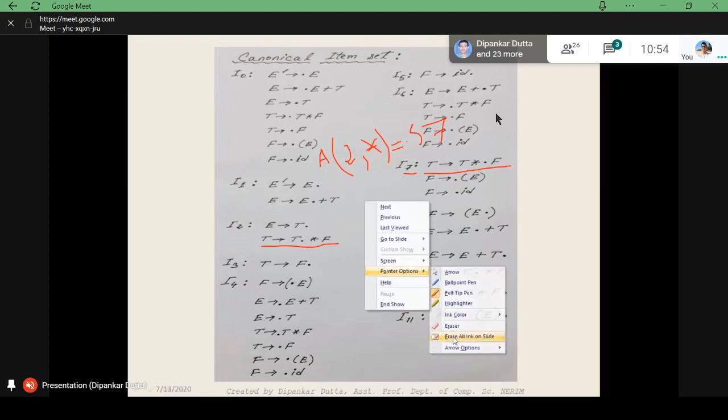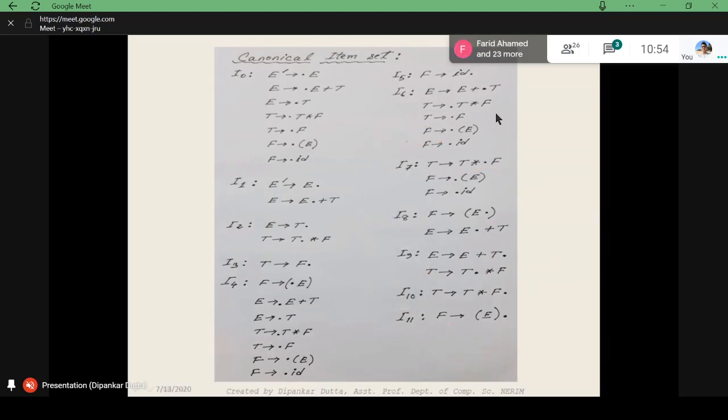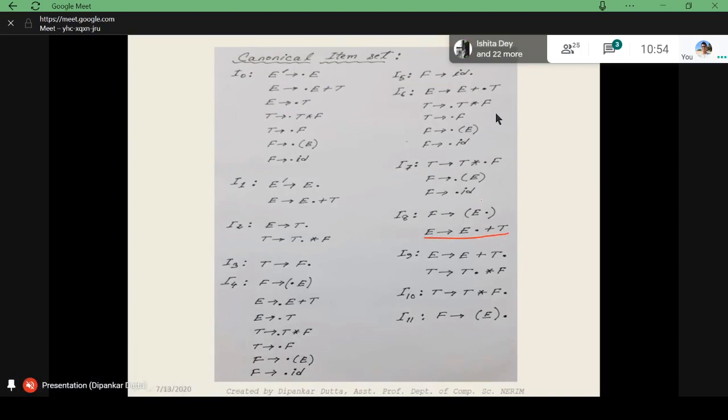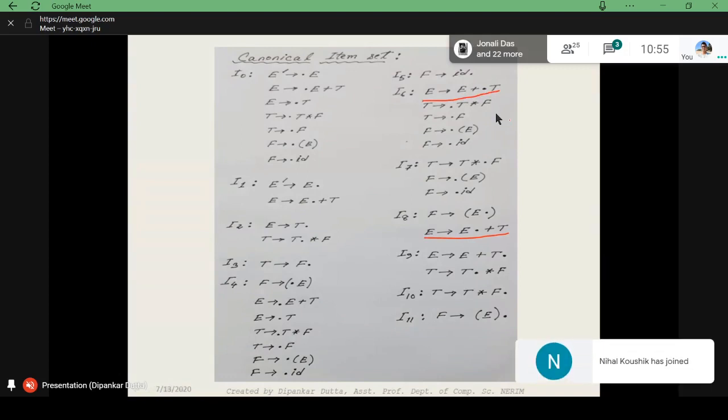One more simple example again. This one: E dot plus T. So we need E plus dot T. Where is it available? In I6. E plus dot T is available in I6.